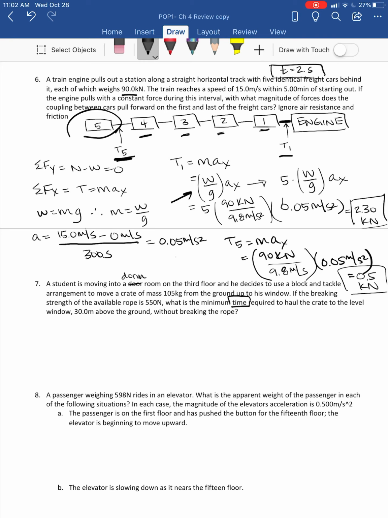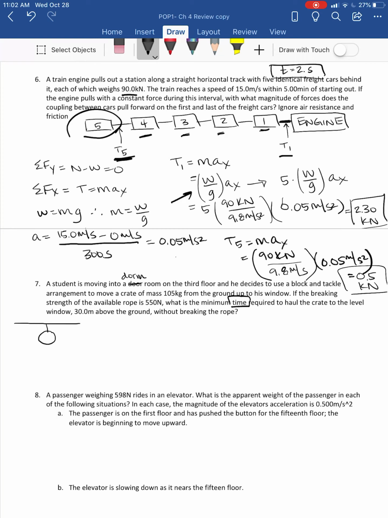If it wants you to find time, then there's a good possibility that you're going to have to use a kinematics equation, because force is equal to mass times acceleration, so no time is in that equation. So let me draw a picture of this, because the original question did have a picture.